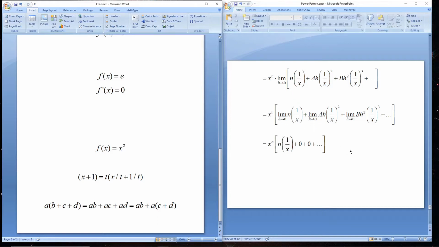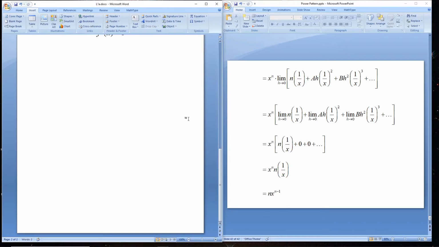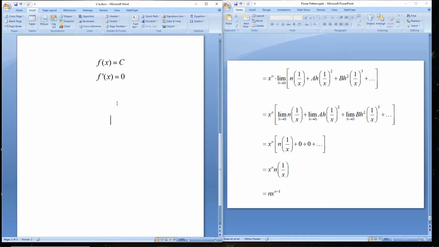And that's our answer. We just figured out the derivative for all functions that are x raised to the n. Ultimately, this pattern is written as n times x raised to the n minus 1. Now, you don't need to know this proof in any way. I just wanted to show you that these things are all derived from math.